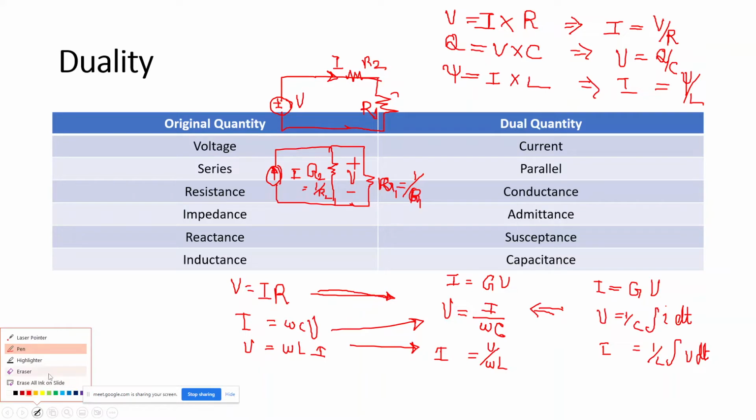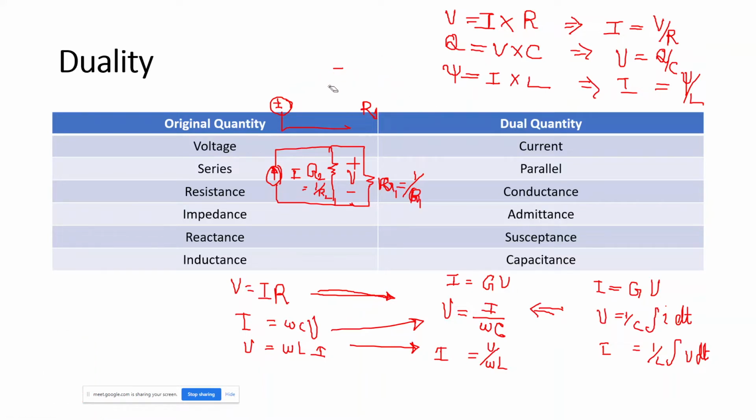So if the original quantity is voltage, in the dual circuit it will be current, and it can be the other way around.